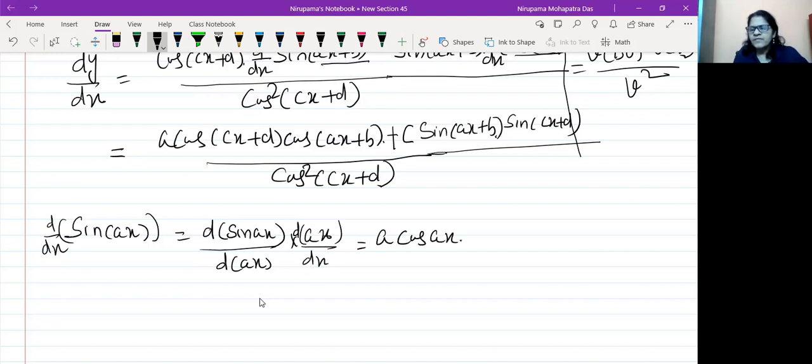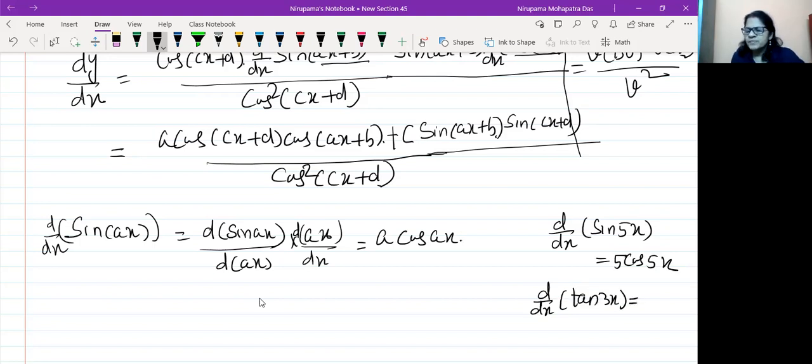It means if I ask you d by dx of sin 5x, you can tell it is cos 5x into 5. If it is the derivative of tan 3x, that is tan 3x with respect to 3x, sec square 3x, into 3x with respect to x, which is 3. So, what is the common error children make? Suppose for sin 5x, they write cos 5x, they leave out the 5. So be very, very careful here.